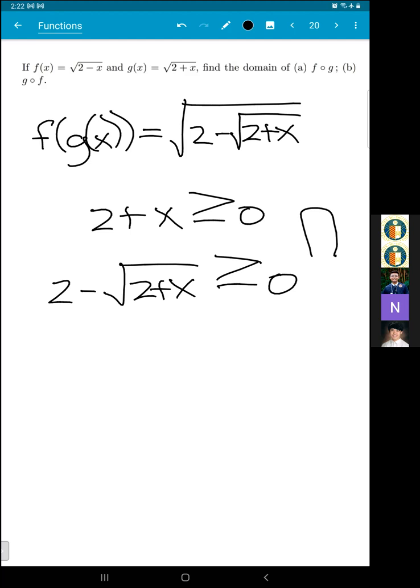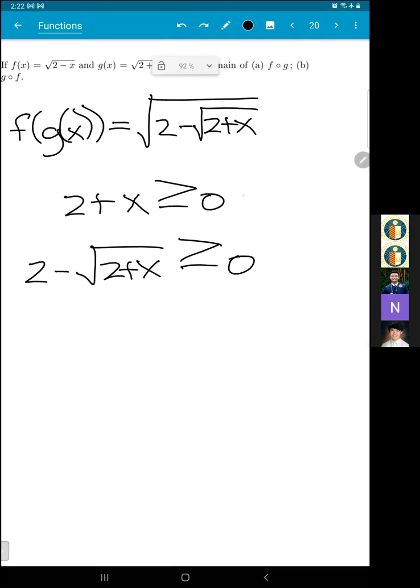So let's proceed to the solution of those inequalities. The first one is easy to solve. 2 plus x greater than or equal to 0 would be equivalent to x greater than or equal to negative 2. Okay? Madali lang yan, syempre, ano?